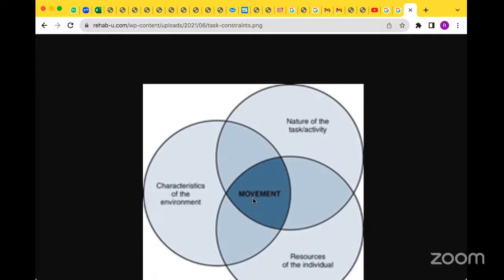So what we do is to not only think of the task. Now, the individual, does he have a cognitive problem? The example I gave earlier, if you want to train the patient to do activities, if they have cognitive problems, or they have lost a limb, they have amputation, the way you train them to do the activity or the task will be different from someone that does not have a cognitive problem or has not lost a limb.